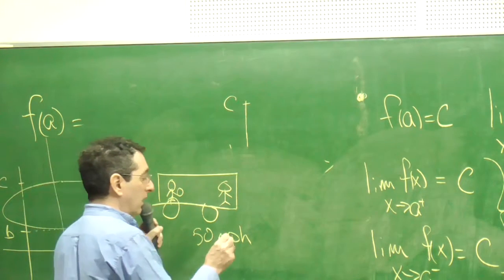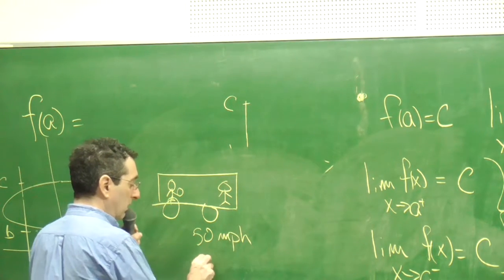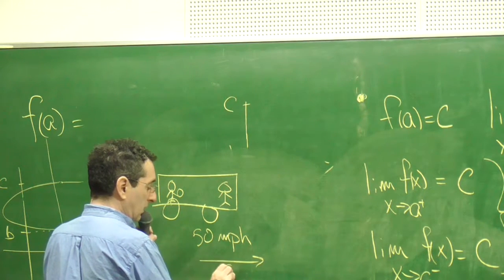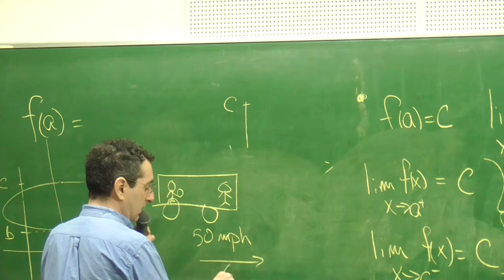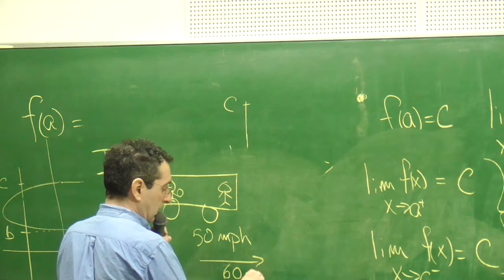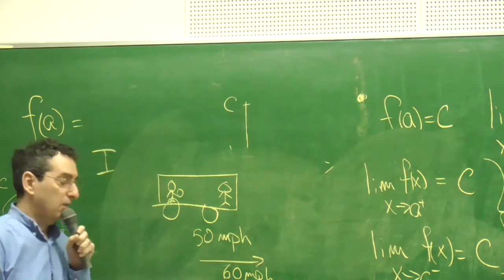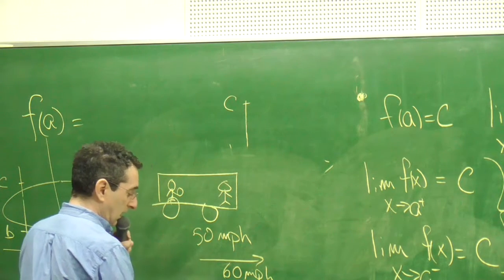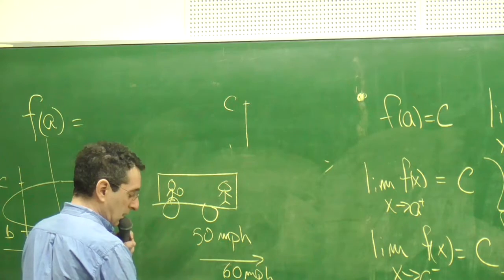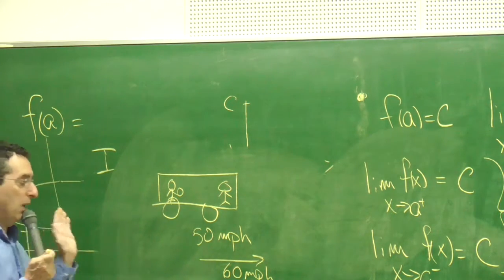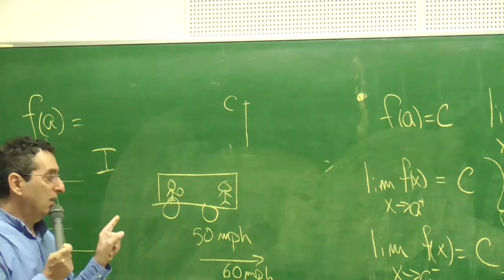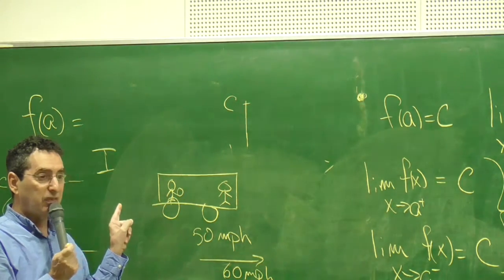Now suppose the train is moving at, say, 60 mph, and a third person is standing on the ground. They see the train moving at 60 miles an hour ahead.